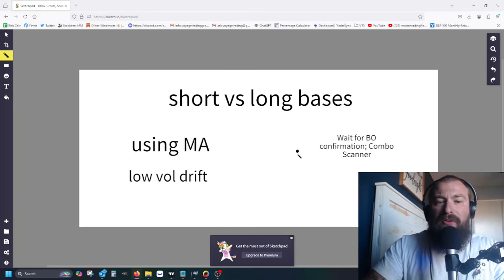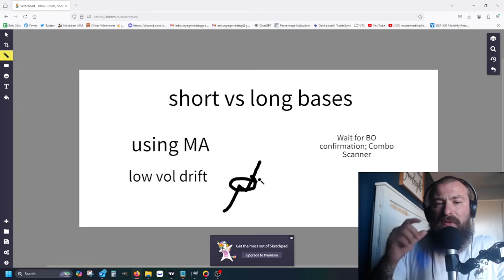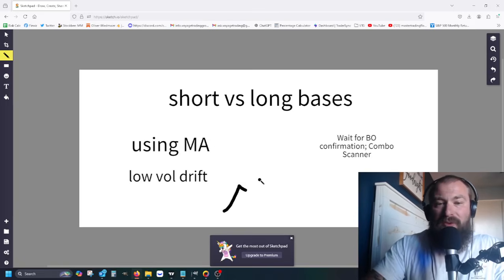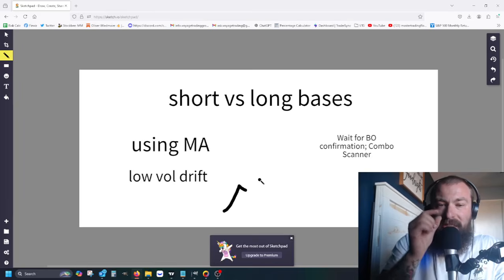So what are we trying to do? Well, we are trying to trade from the smaller bases, okay? And that's where we're going to extract the most gains, especially when you trade higher ADR stocks. The short bases create just a launch pad for volume pressure to rise through, and then we'll trade that momentum up.